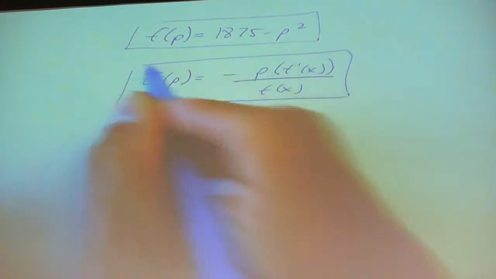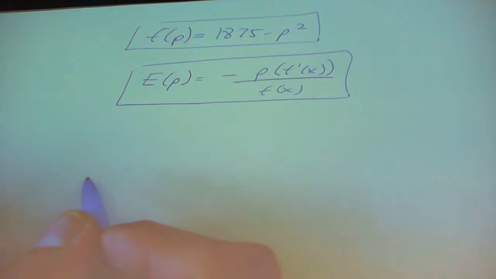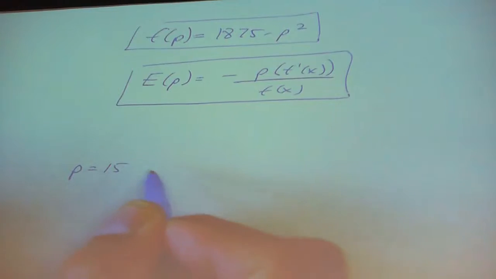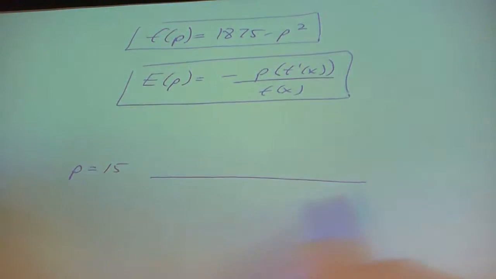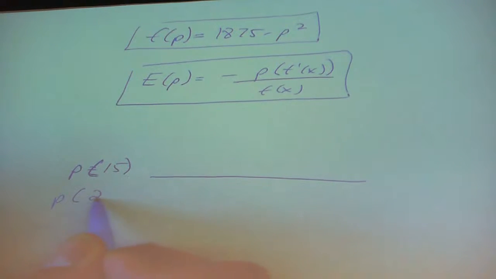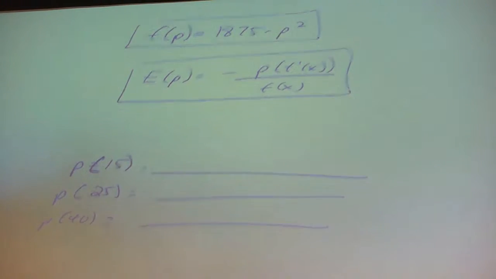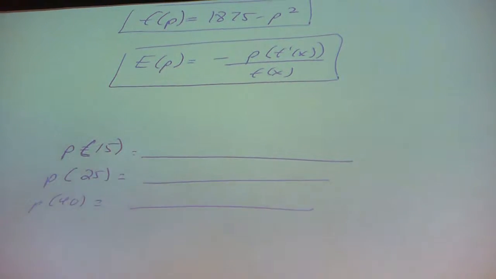After you've done that, then we're going to plug in P of 15, P of 25, and P of 40. Let's just start with that, and we'll take it from there.